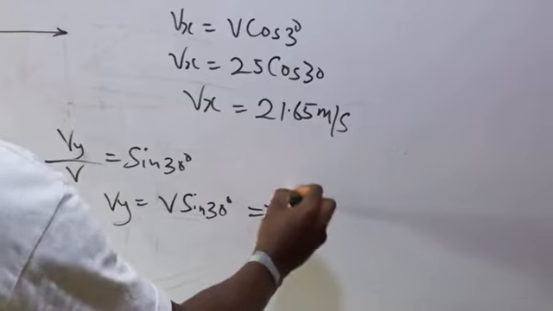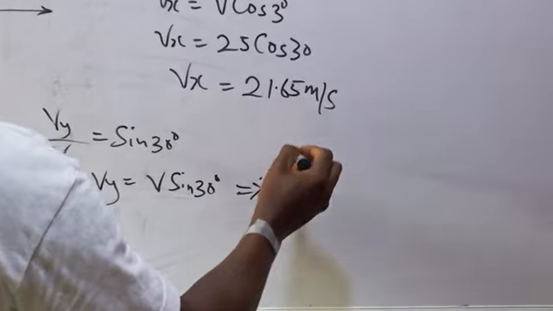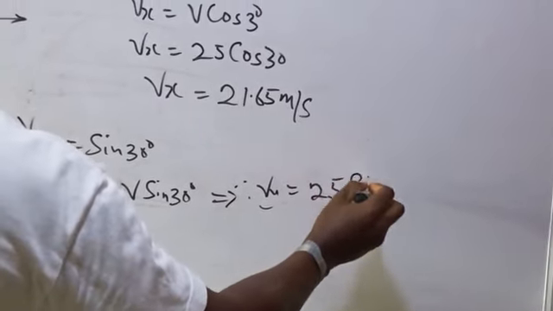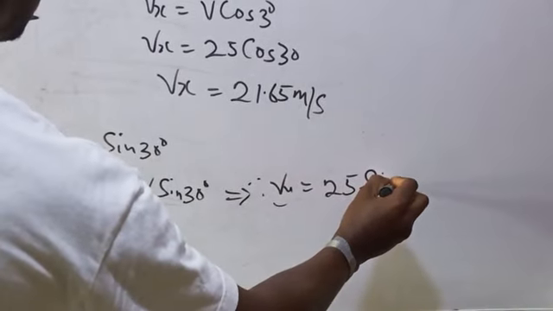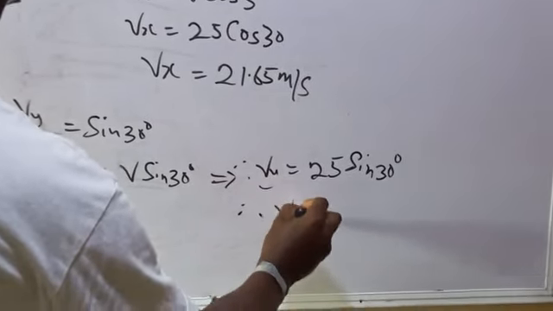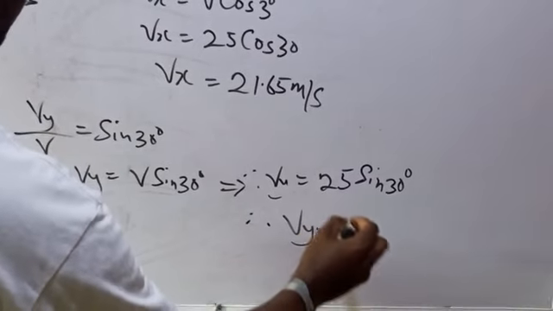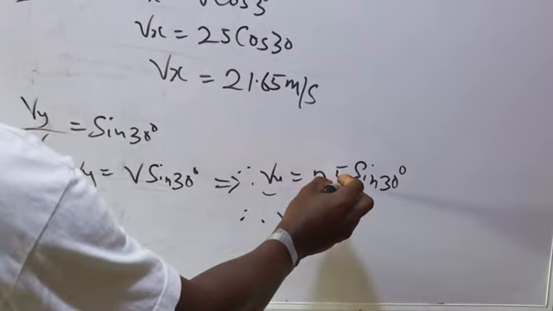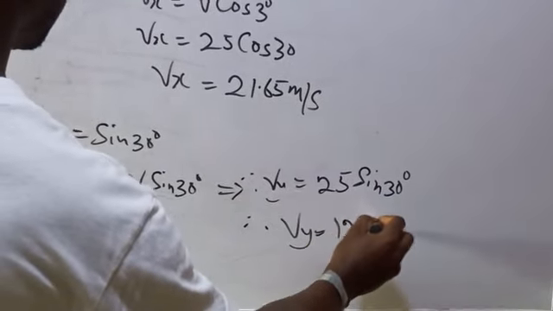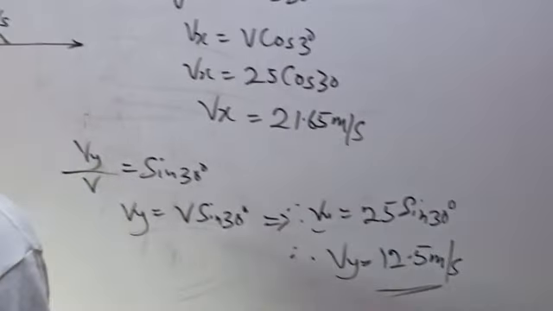The velocity of the swimmer is 25 meters per second, multiplied by sine 30. Therefore, the velocity of the y-axis equals, if you multiply 25 times sine 30, you will have 12.5 meters per second.